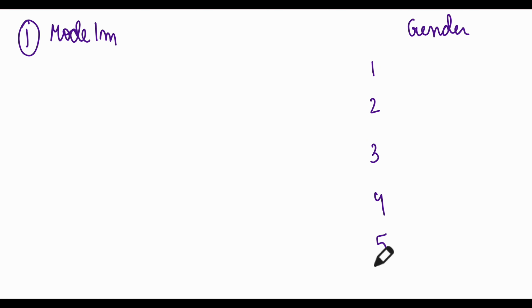for example, what you can do is mode imputation. So what do you mean by mode imputation? Let us say there is a variable called gender. In gender, let's say you have 5 rows: 1, 2, 3, 4, 5. Gender is male, male, male, female, female. Now suppose row number 6 is missing for this column.